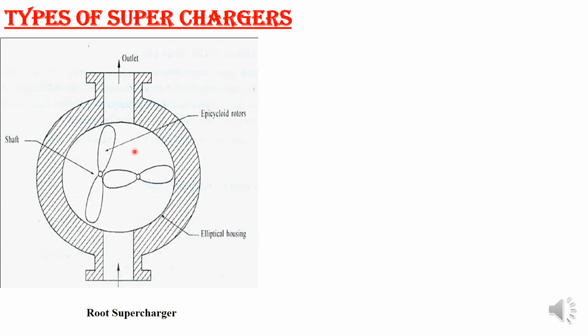So the lobes will be rotating in opposite directions. If this one is rotating like this, the other will be in the opposite direction. These two lobes will rotate in a common housing. For these two lobes we will have a common elliptical housing.